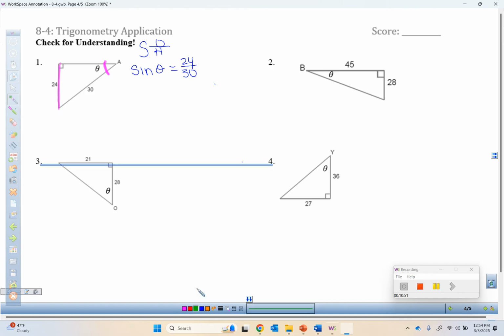In your calculator, theta equals inverse sine of 24 over 30. So theta is approximately what? Anybody have it? 53.1 what? Degrees. Very good. So we have theta on all of these. Does that make sense?